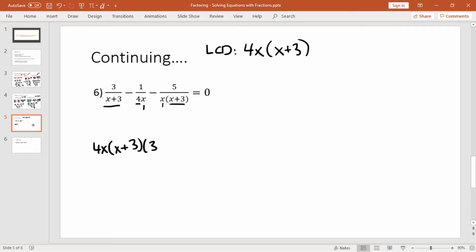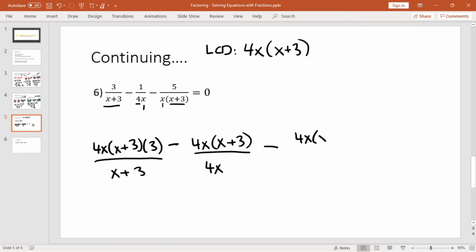And over x plus 3. Kind of make this one negative sign as big as possible so I don't mess that up. Okay, and then we're minusing 4x plus 3 times the 5 that was already there.